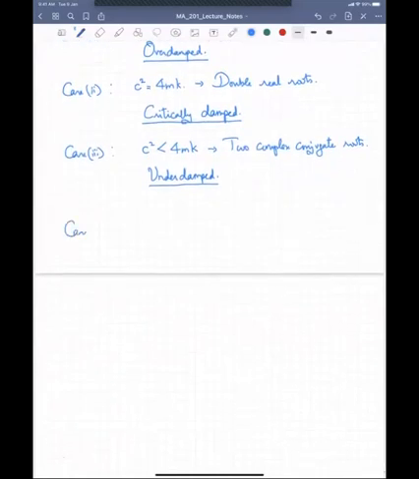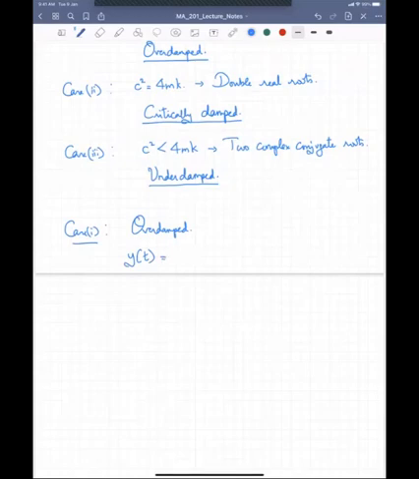So what does the solution in case 1 look like? Case 1, overdamped. There are two distinct real roots. So the solution can be written as y of t equals a e to the lambda 1 t plus b e to the lambda 2 t using the superposition principle.